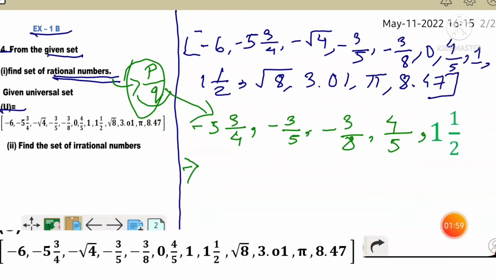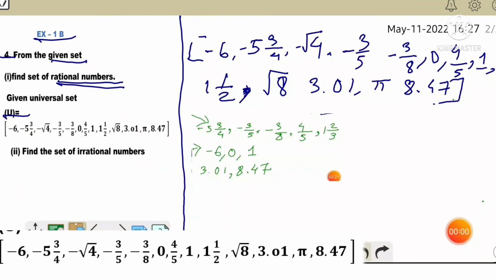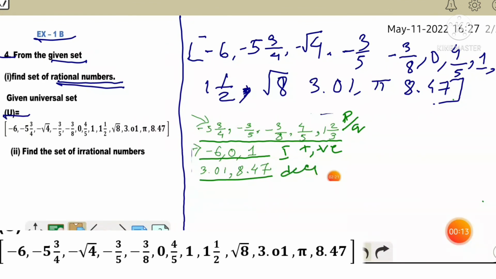Now we have to find the numbers which are integers, which may be positive or negative, and also the decimals. Integers are -6, 0, and 1. And the decimals are 3.01 and 8.47. So now we have found the rational numbers which are in the form of p by q, and these are the positive and negative integers along with 0, and these are the decimals.